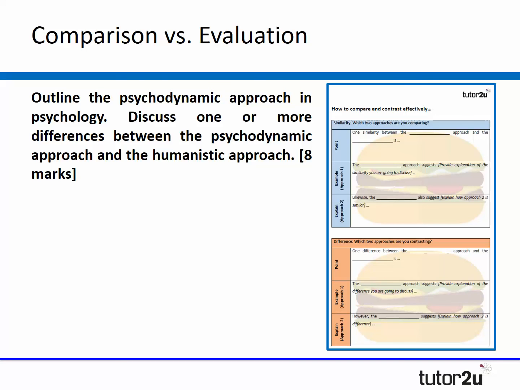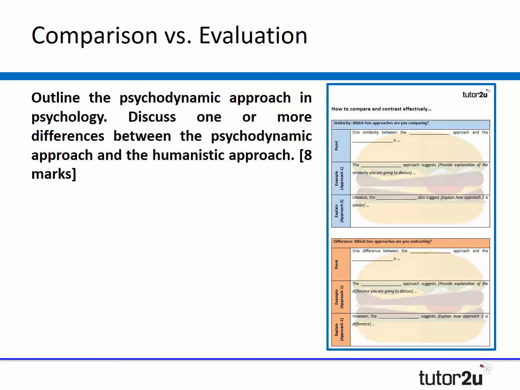Now it doesn't stop there, because I think one of the difficulties students will face is effectively comparing or contrasting, because they're so used to writing evaluation that I can almost see the examiner's commentary already saying that students had an inability to compare and contrast.